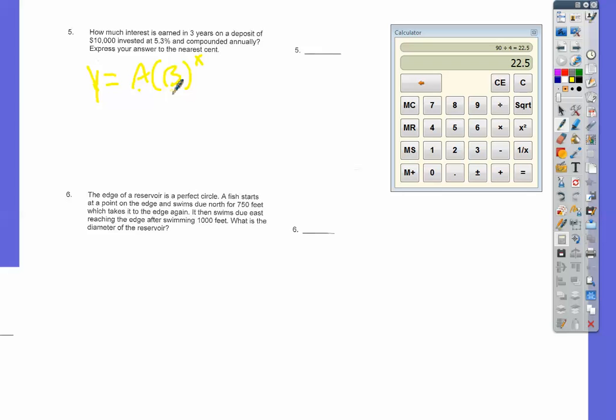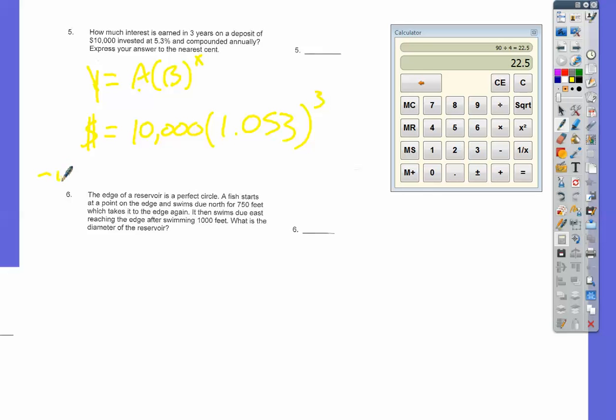So the amount of money I have is equal to 10,000 times 1.053 to the third.